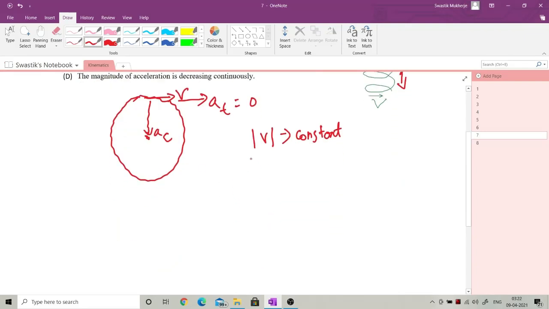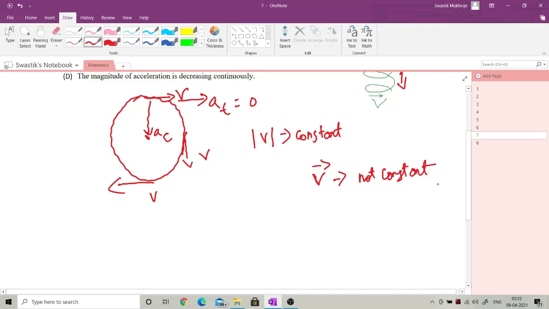Now let's study the uniform circular motion. As you can see, the direction of v is changing at every moment. So the velocity vector v is not constant. Same goes for the acceleration, which is this in this case and this in this case. So the acceleration vector is also not constant.